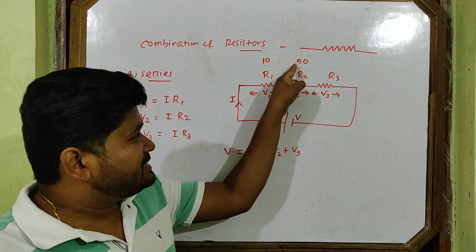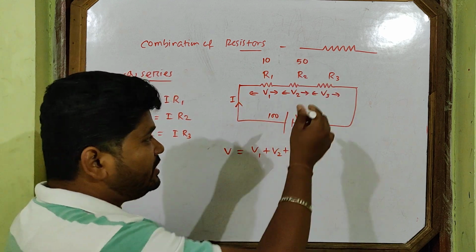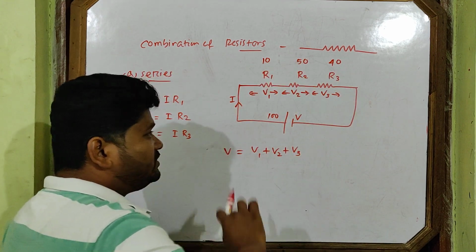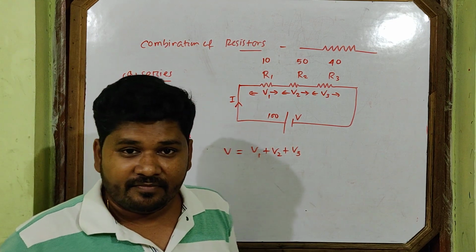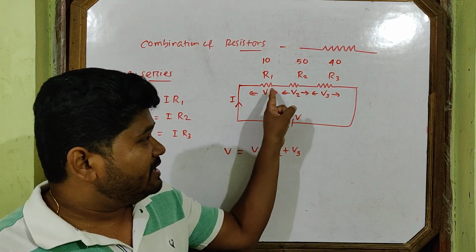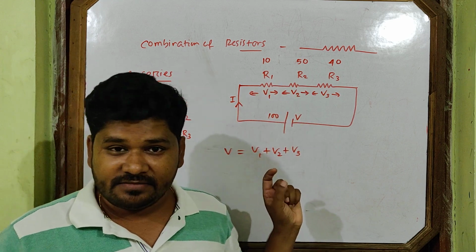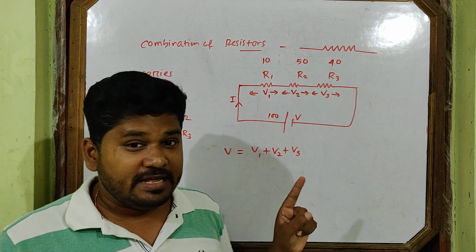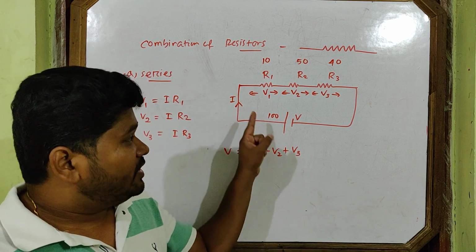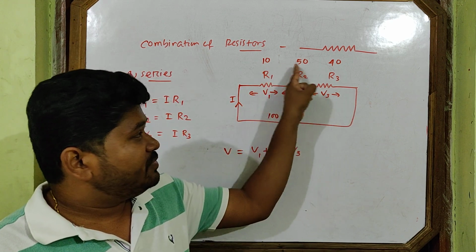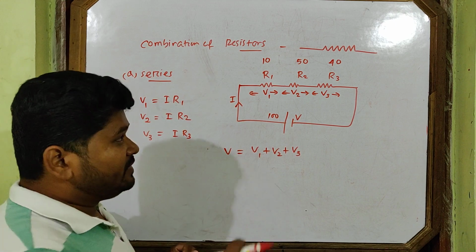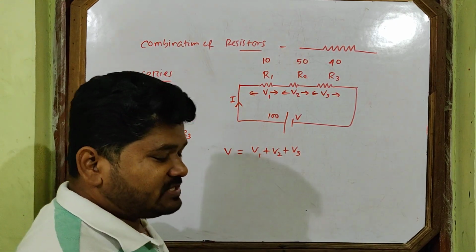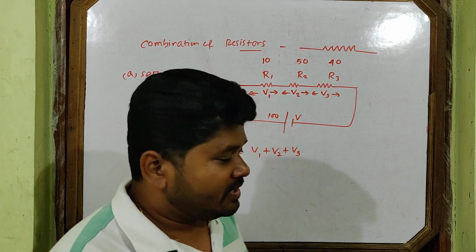Out of 100, if 60 gone, then how much remain? 40. Total potential divides among all the 3 resistors, maybe not equally, because it depends on their resistances. If resistances are the same, then the potential differences will be the same. If resistances are different, then potential differences will be different. So this is now 50 plus 40, 90 plus 10, 100. This is the total potential difference you have applied.